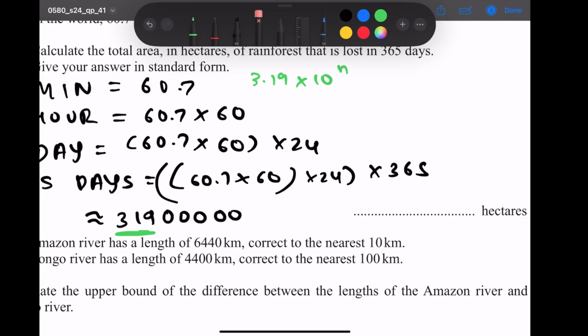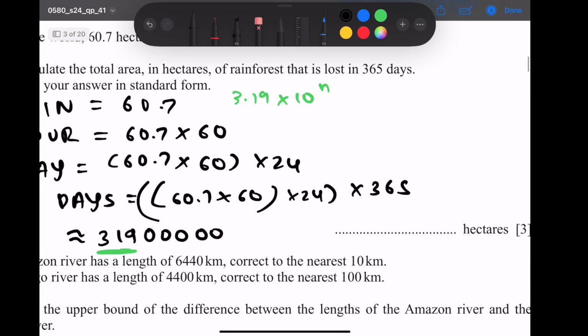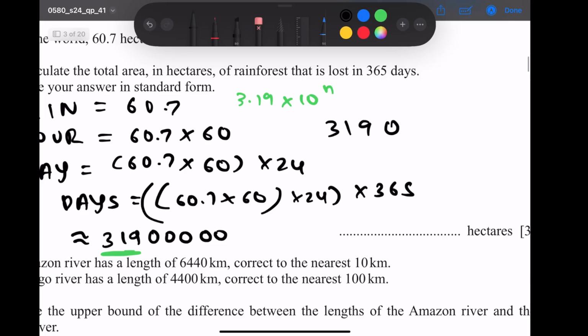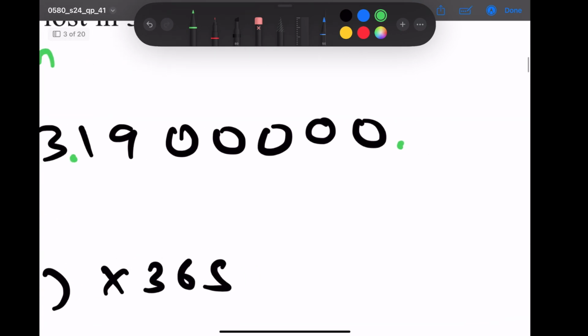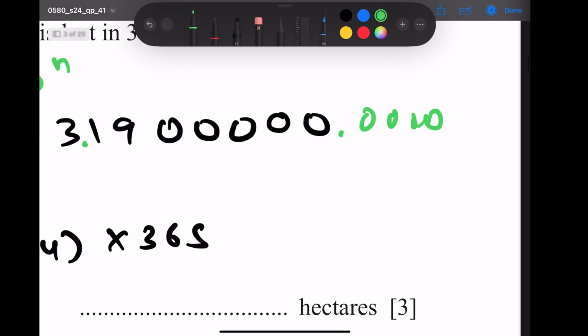Now the question is, what is the value of n? If we write down again the exact same number, 319,000,000, and you put the decimal place between the 3 and the 1, and you put the actual decimal place, which should be after the last 0, because that is where it naturally should be, since after this 0, all subsequent values are just decimal values of 0 recurring.